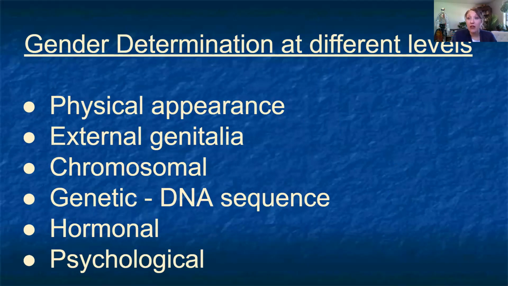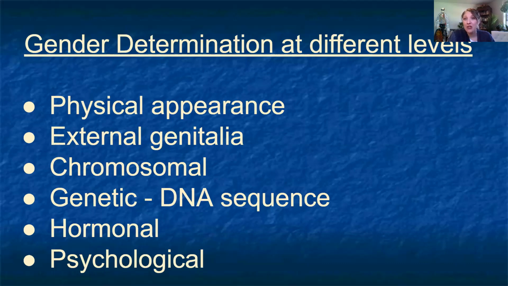If we look at how we actually determine gender, you have to look at it on different levels. We're going to start with the most macro level we can get, which is external physical appearance. Way back when, before we knew anything about anatomy and physiology, the way that you told if somebody walking towards you was male or female was purely by physical appearance. If they culturally kept their hair longer and maybe were wearing dresses, that's a girl, right?